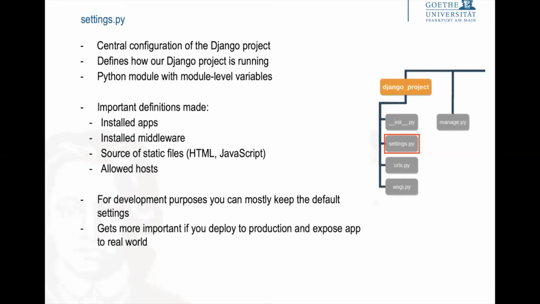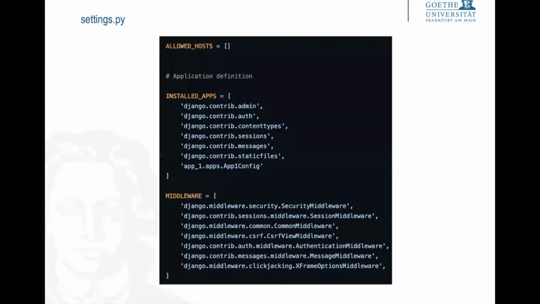And you mostly can keep the default settings that are just auto-created. This slide shows a screenshot of a part of the settings.py, just to give you some impression of how such a settings.py file can look like. You have the environment variables defined, and basically that's it.